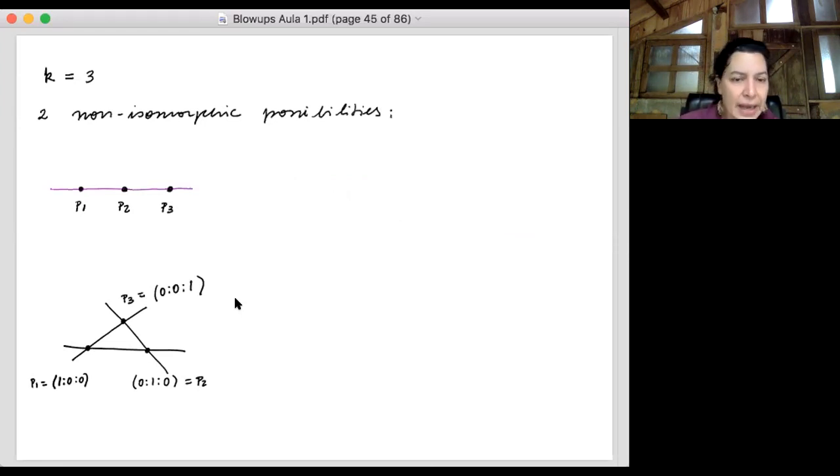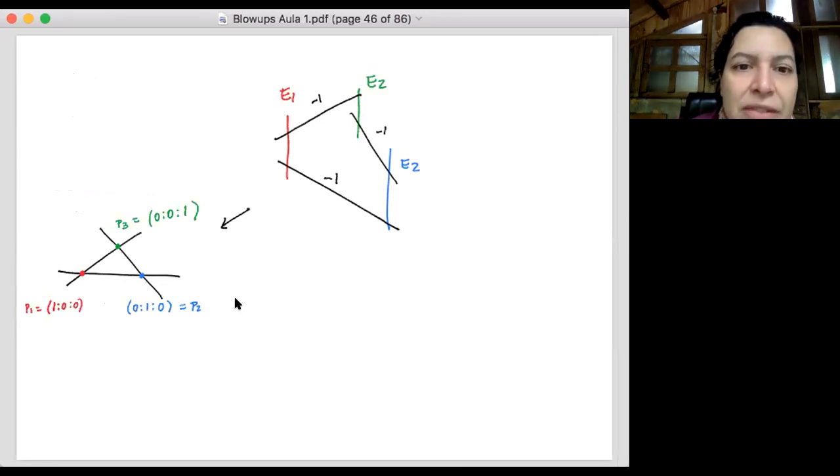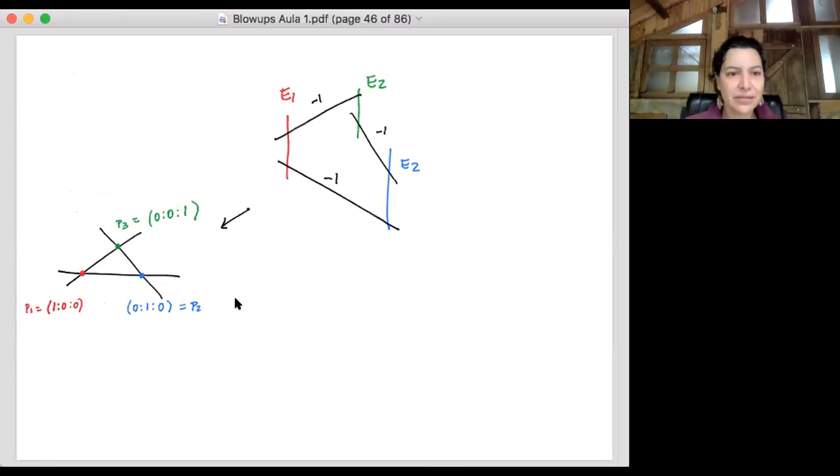Okay, and then in this case, let's blow up these 3 points. Then again, when we blow up the 3 points, we get 3 -1 curves, E1, E2, and E3. Sorry, here it would be E3 in the green one. So we have these 3 -1 curves.